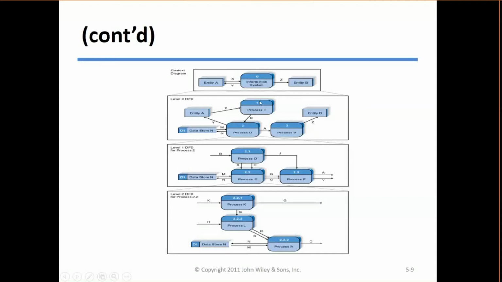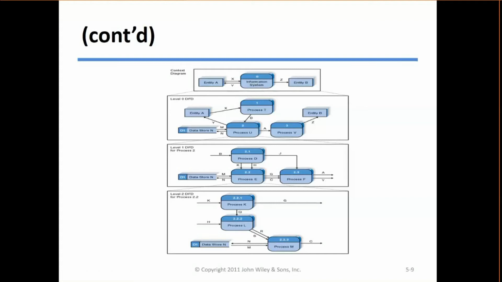The processes start from 1. So how many processes do you have? Let's suppose 3 processes: process 1, process 2, process 3. It may be process 4, it may be process 5, or it may be only 2 processes. But it must be more than 1. If it is not more than 1, then it becomes the same as the context diagram, because the context diagram has 1 process.